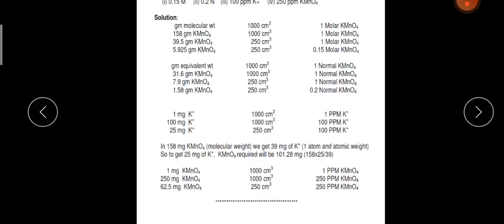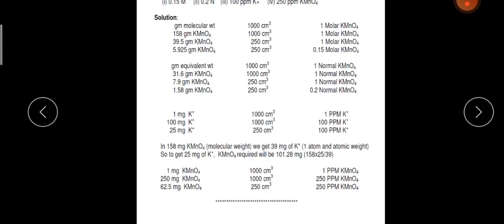In 158 milligram of KMnO4, 39 milligram of K+ is present. That's why X milligram KMnO4 contains 25 milligram K+. That means you have to cross multiply: 158 into 25 divided by 39. You will get the weight of that particular KMnO4 for the 25 milligram of K+.